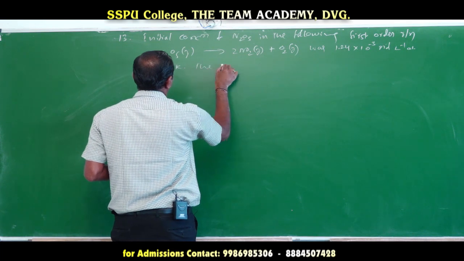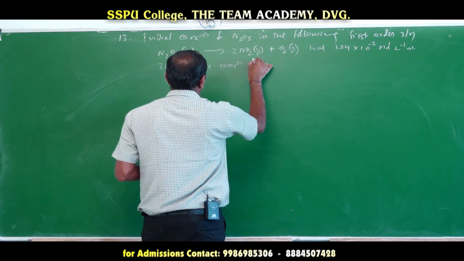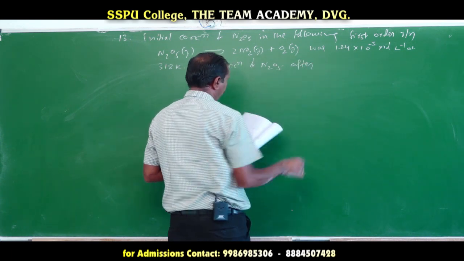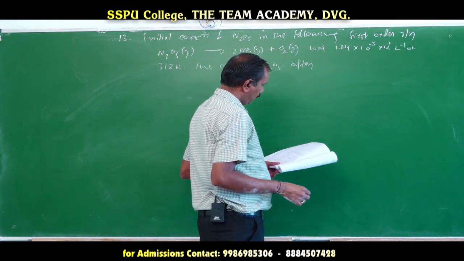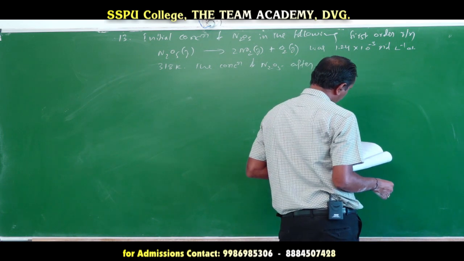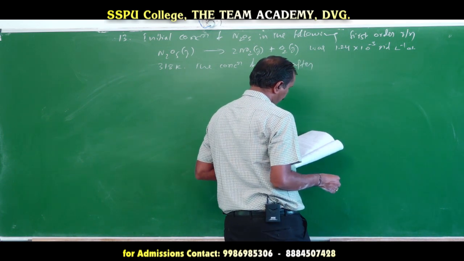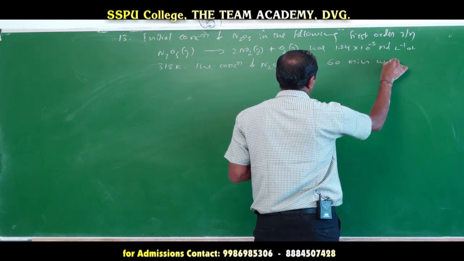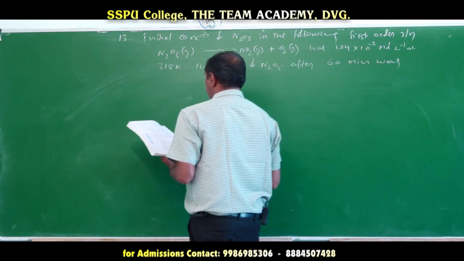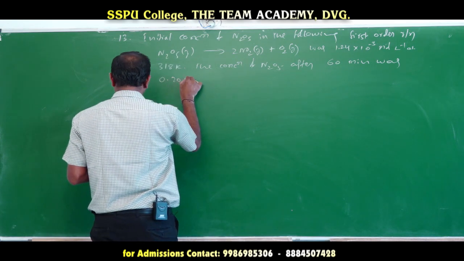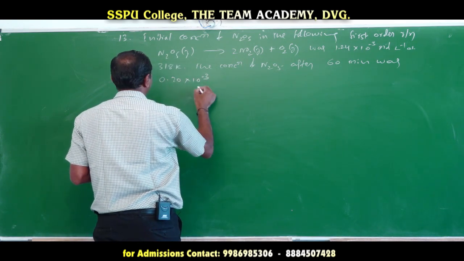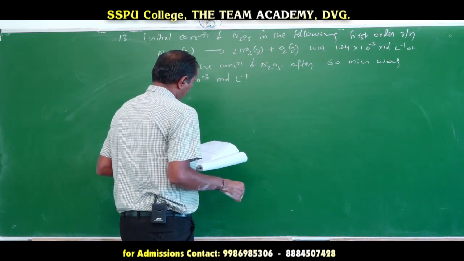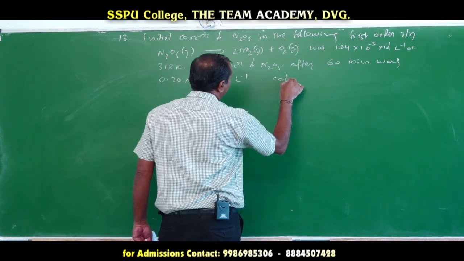The concentration of N2O5 after 60 minutes was 0.2 into 10 to the power of minus 3 mole per liter. Calculate the rate constant.